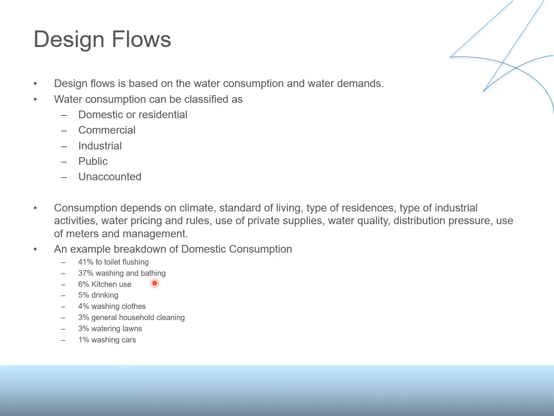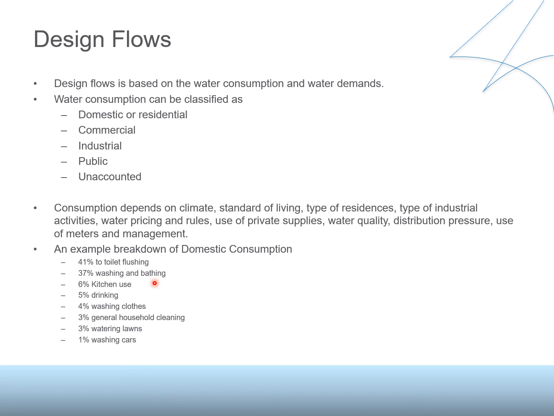You may use 30% of water for washing and bathing in one particular location and one particular day, but you may use it differently in a different location, or in the same place you may use different values. Let's say you use 37% for washing and bathing today, but tomorrow you may use only 20%, and the day after you may use 50%.